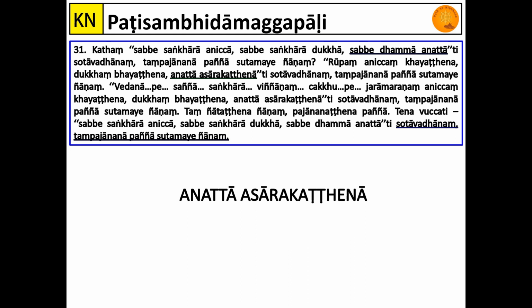We have been talking about this Anattam asarakatthena many times, but where you can find this is in the Mahavaggo, Najirati. In the Patisambhidamagga prakarana, it says Anattam asarakatthena. Sara is valuable, important. Asara is valueless or not important. So that is what anatta means.